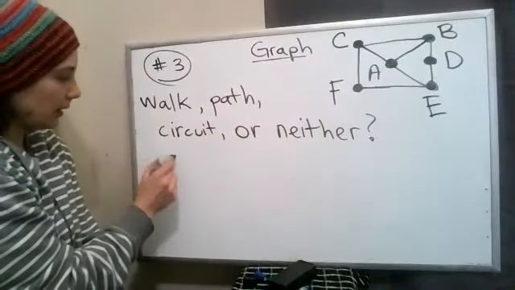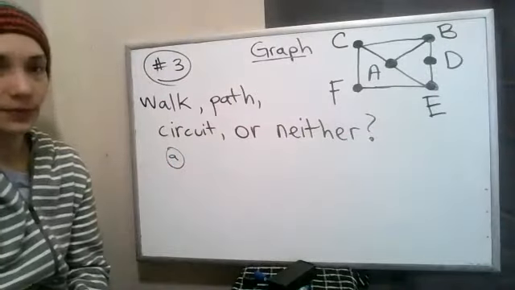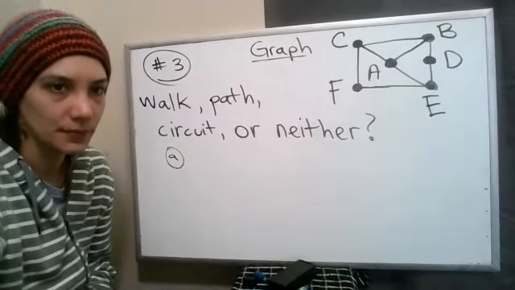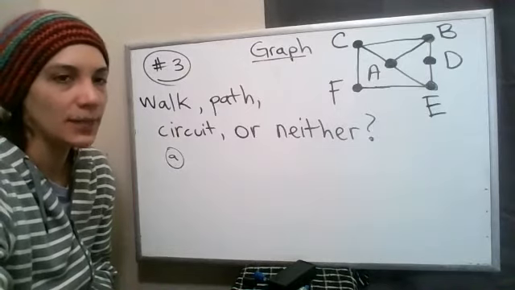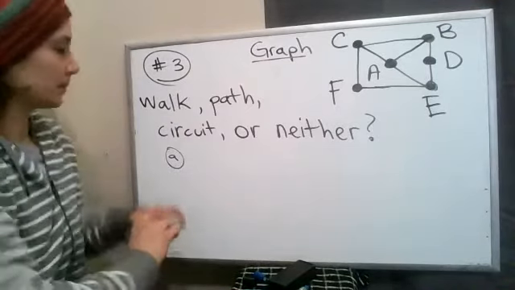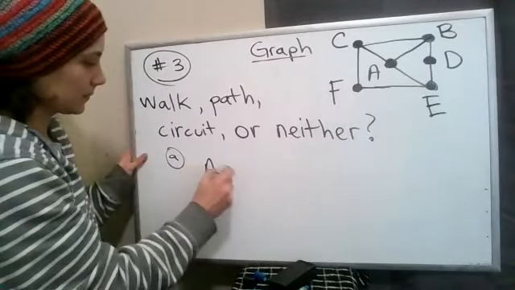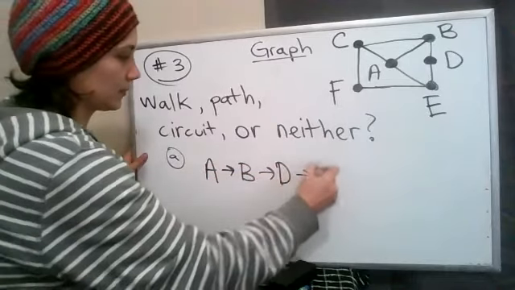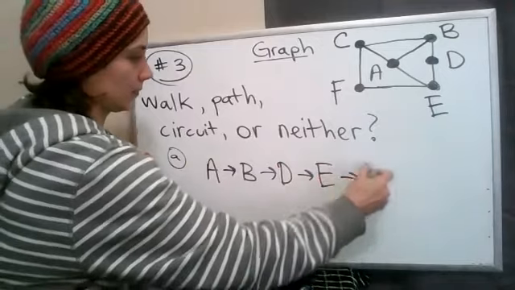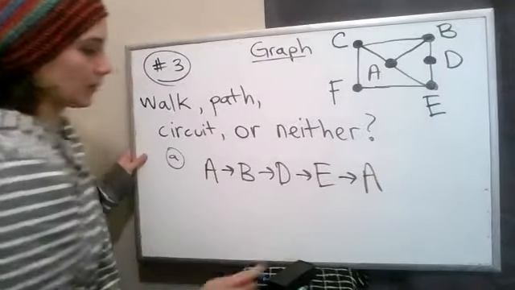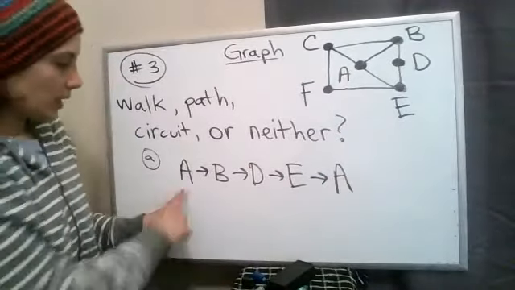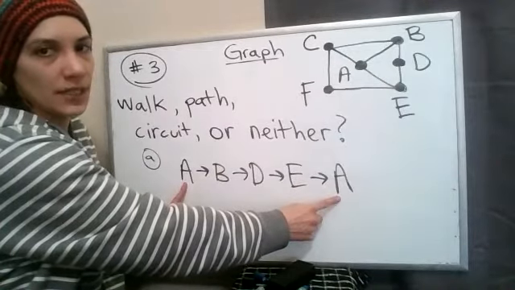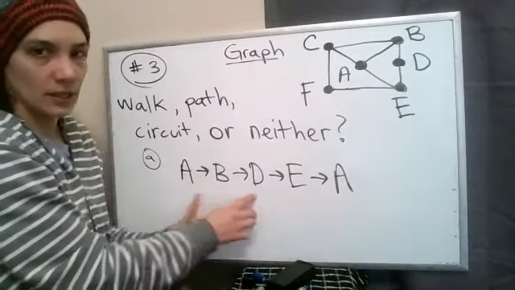Number 3, part A. We're going to go from A, B, D, E, A. I have an A at the beginning and the end. So it could be a circuit, but I need to check that we don't reuse any edges.